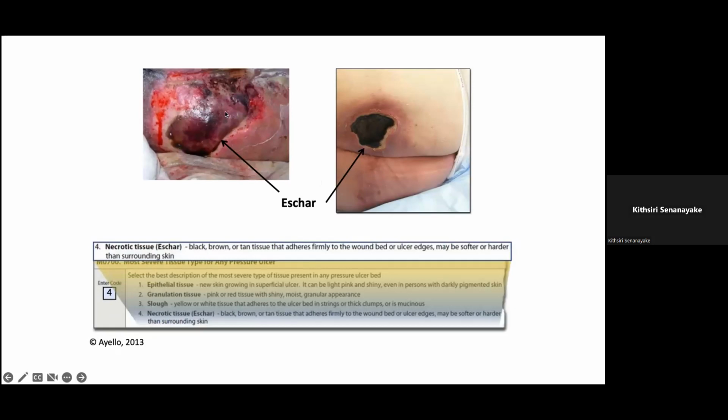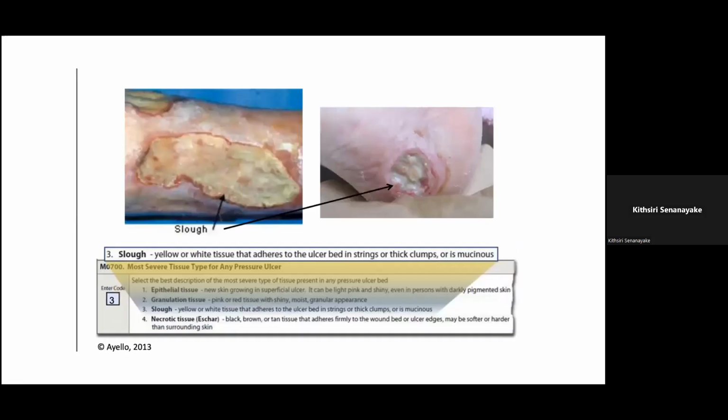Otherwise, it's like dead tissue sitting on your wound, so it facilitates infection and delays wound healing. And this is slough. We have discussed the slough previously. We need to remove as much slough as possible to promote healing, right?